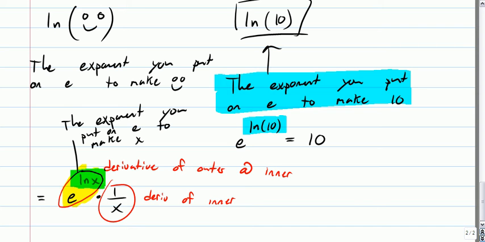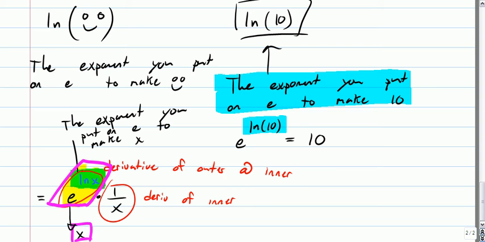So if you put that exponent on e, you should make what? Well, that's just x. E raised to the exponent you put on e to make x is just x. So this purple thing right there is just x.